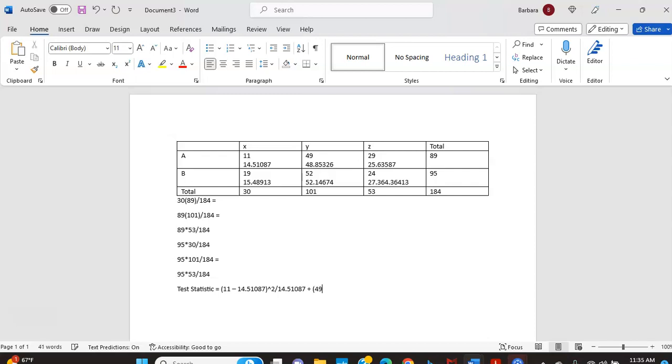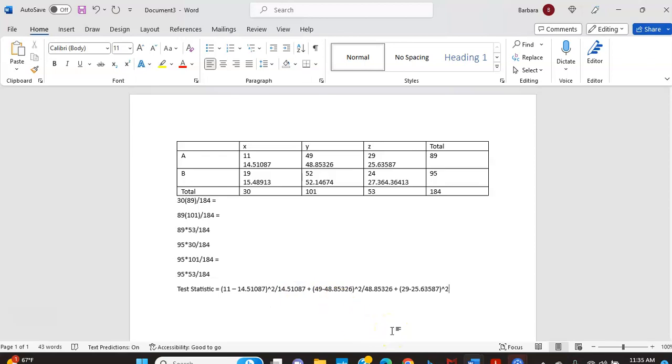So we're going to have 49 minus 48.85326 squared divided by the new value, 48.85326. And then we're going to have the 29 minus 25.63587 squared. And we can probably put these in actually as the new values that we rounded them to for that expected values chart.